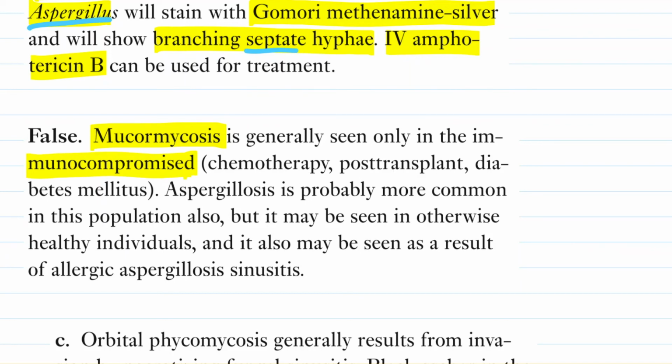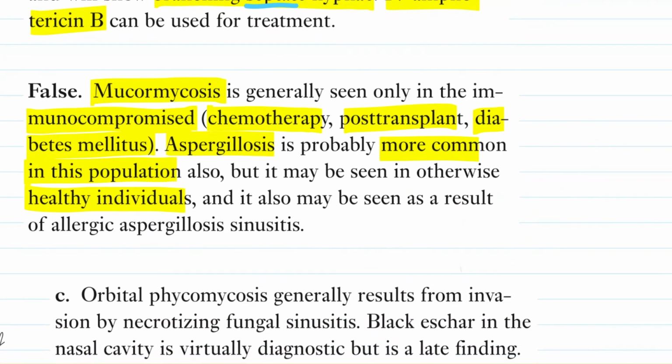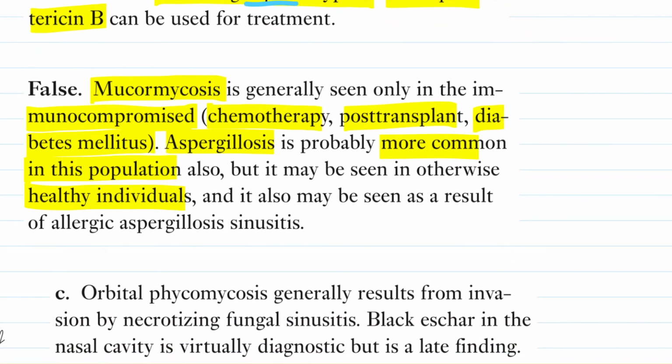Chemotherapy, post-transplant, diabetes mellitus could also be some added conditions you need to keep a lookout for. Aspergillosis is probably more common in this population also, but it may be seen in otherwise healthy individuals also. So aspergillosis is seen in healthy and immunocompromised patients, whereas mucormycosis is predominantly seen in immunocompromised people.